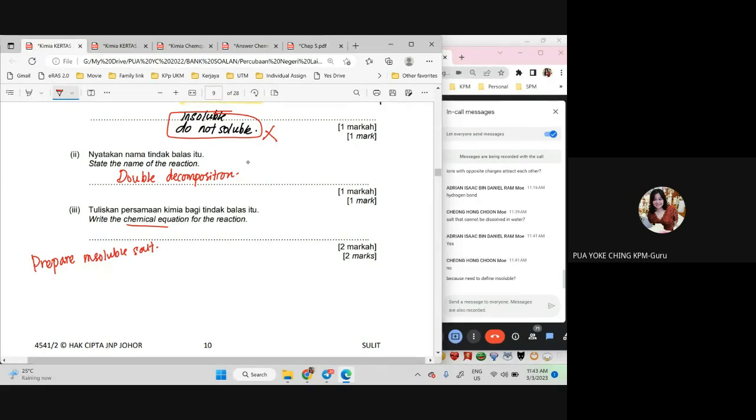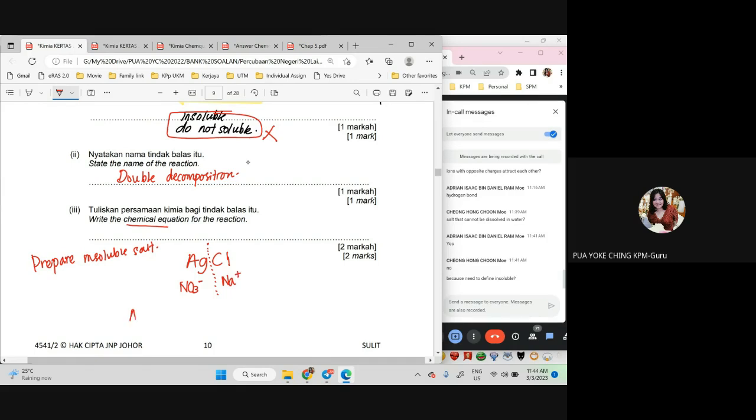Let's say cikgu bagi contoh, saya nak AgCl. This is insoluble, right? So, apa bahan kimia yang sesuai untuk prepare AgCl? So, apa you buat? Pecahkan separuh. This is the paling simple way. Here, you add in nitrate ion. Here, you add in sodium ion.